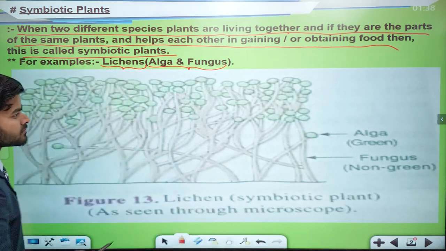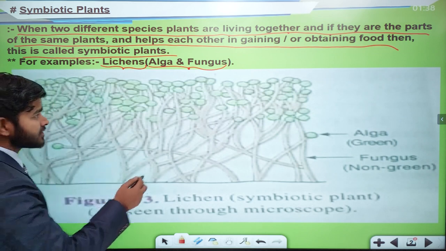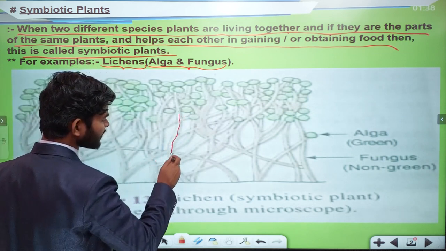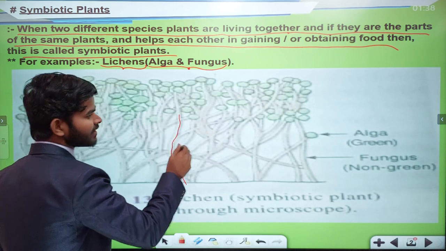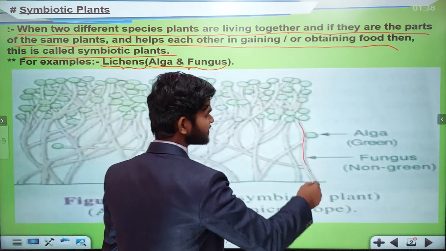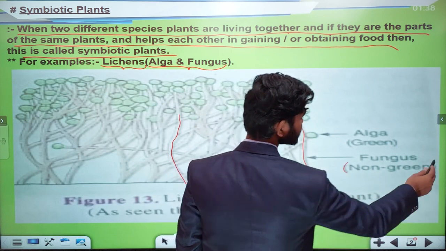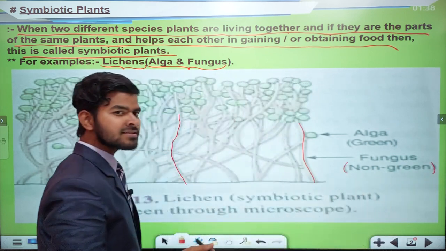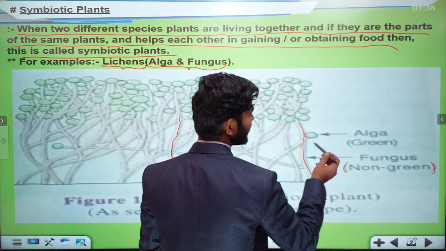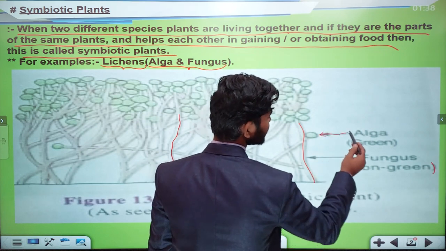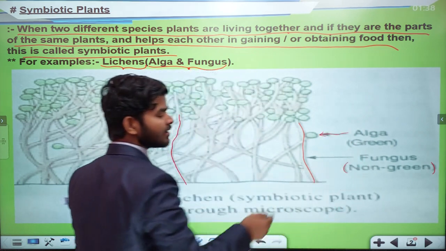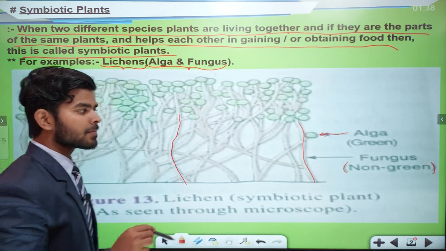We can say that the name of this one is the fungus, which is a non-green plant. That means it cannot do photosynthesis. But algae is a green plant, and it can do photosynthesis.